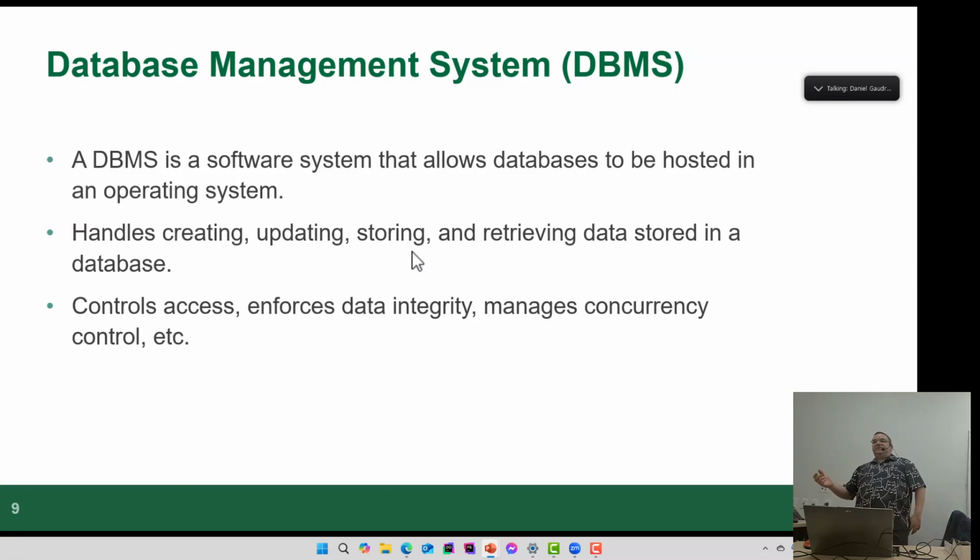It controls access, enforces data integrity, and has concurrency control, where you can let more than one person access the database. Can you imagine if only one person at a time could use a database? You might think that doesn't sound that bad. Imagine if only one of you at a time could open up Brightspace, because that's all running on databases.